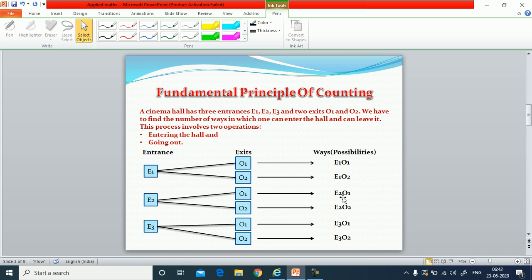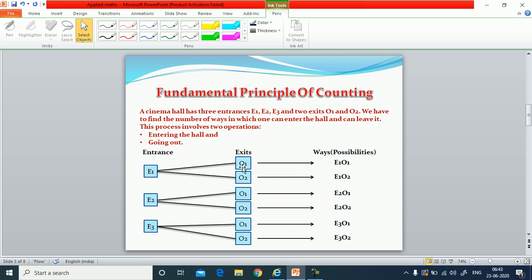So what do you see? The total number of possible ways in which one can enter and exit the cinema hall is coming out to be 6. And if you look at these boxes very clearly, how many boxes are representing the entrance? There are 3 boxes, and exits are being shown by two exits for each of the entrances we are talking about.